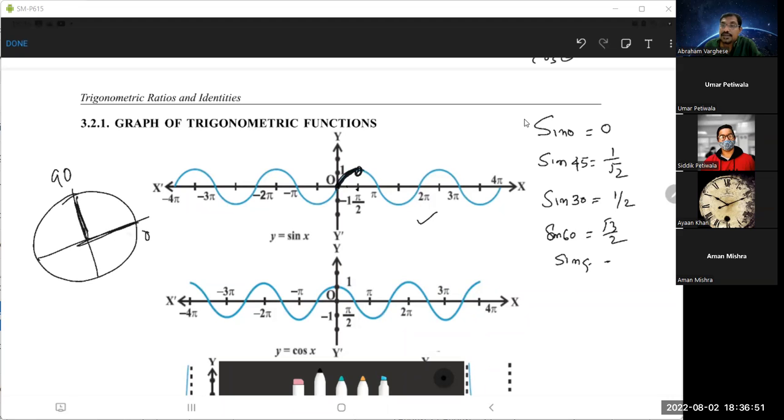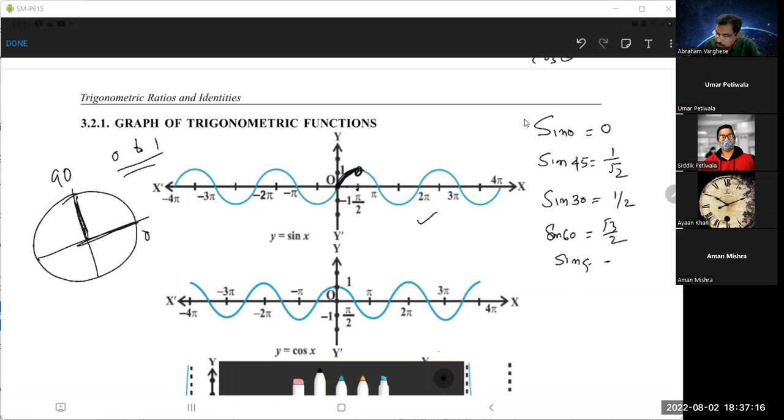So when the angle varies from 0 to 90 degrees, what happens to sine theta? Sine theta varies from 0 to 1. It is increasing. So sine theta increases in the first quadrant. As theta increases from 0 to 90 degrees, the value of sine theta increases from 0 to 1.